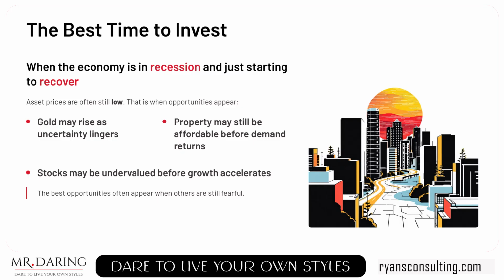Gold may rise. Property may still be affordable. Stocks may be undervalued. When the economy grows too fast, inflation climbs and the central bank raises interest rates. That is often the signal that asset prices are already high. At that stage, most people take profits, and it's usually not the best time to keep buying more.